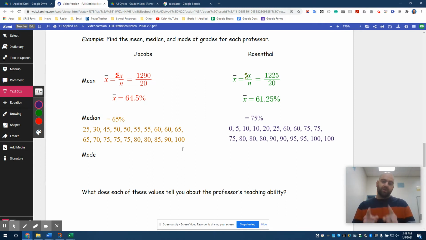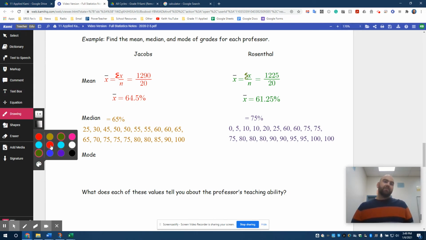Whereas if I was trying to promote Professor Rosenthal's class, I would be choosing that 75, that median, saying that on average, half the students get better than 75% in his class compared to Professor Jacobs. That's exactly what we would be doing if we were to try to promote certain things. And that's why data can really skew the way that we look at certain things.